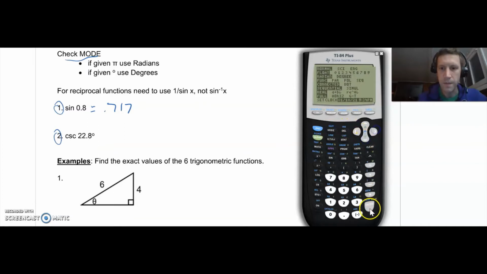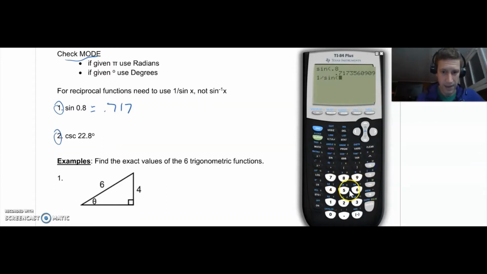Now we need to switch to degree and cosecant. We'll review the reciprocal functions later in the notes, but cosecant is the reciprocal of sine. There's no cosecant button, so the way we figure out that value is 1 over sine.